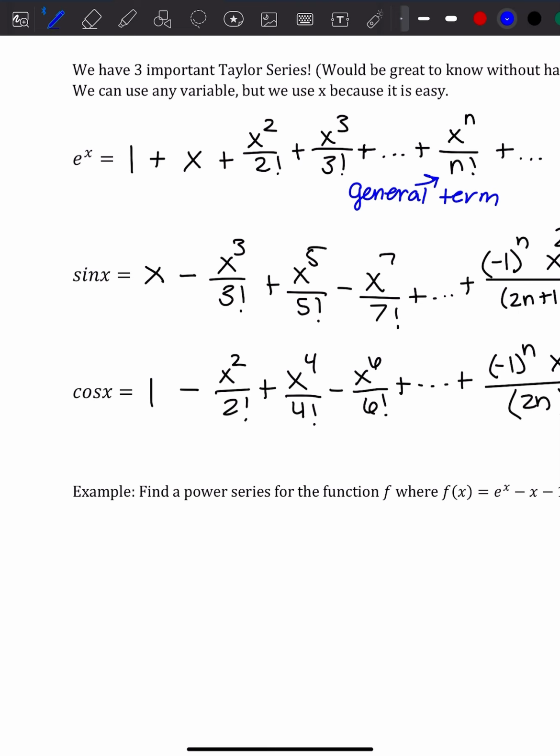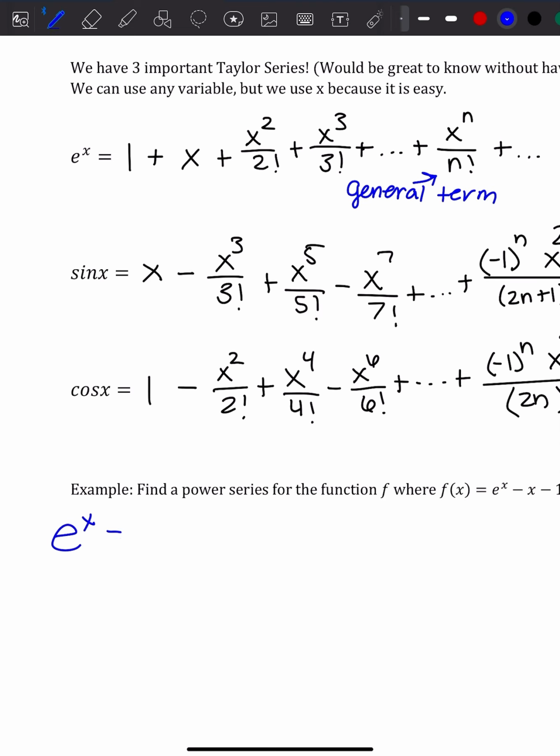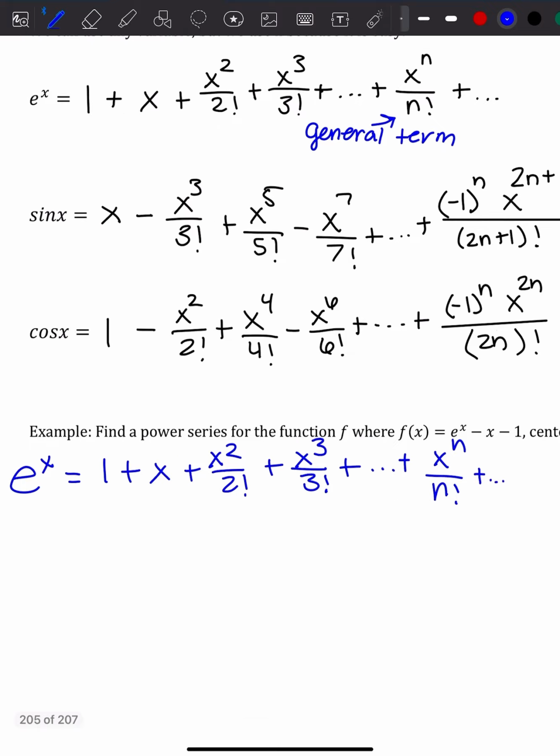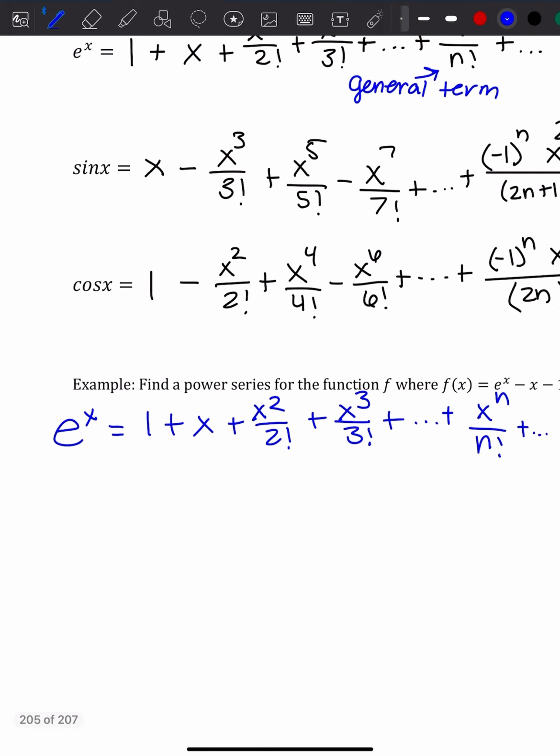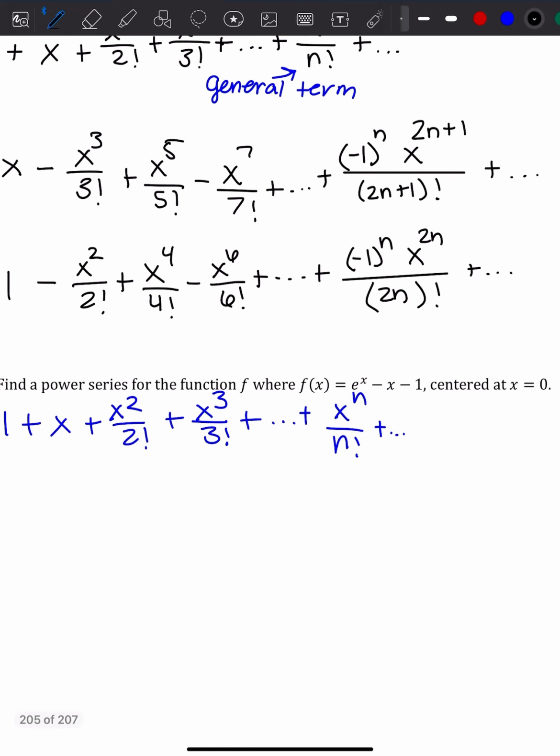One of the things that we have to remind ourselves is e to the x is 1 plus x plus x squared over 2 factorial plus x cubed over 3 factorial. And that works until we get x to the n over n factorial, and then it keeps going on forever. But what we want is e to the x minus x minus 1.